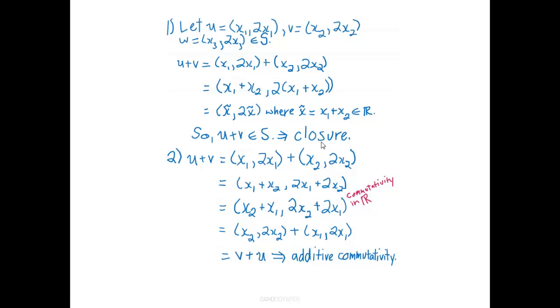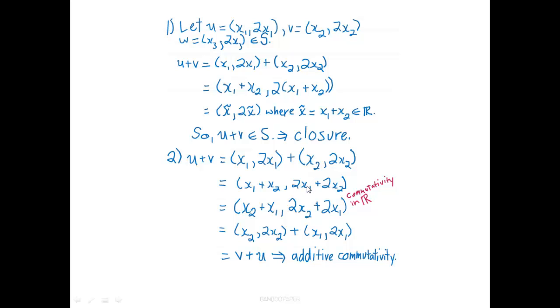Property number 2, axiom number 2. We have to verify commutativity with respect to addition. u + v, this is my u and that is my v. Component-wise addition gives me (x1 + x2, 2x1 + 2x2). x1 and x2 are real numbers. There is commutativity in R. So x1 + x2 is the same as x2 + x1.